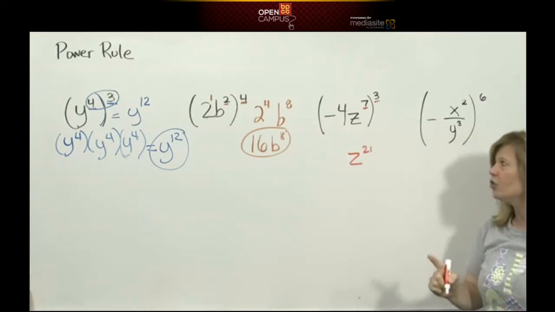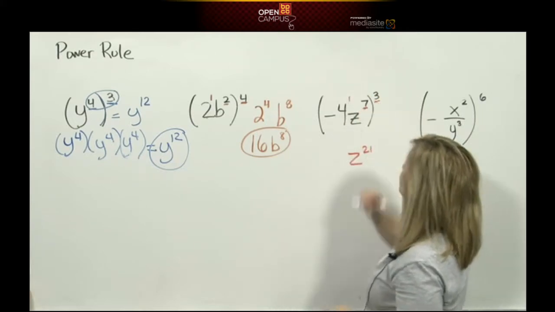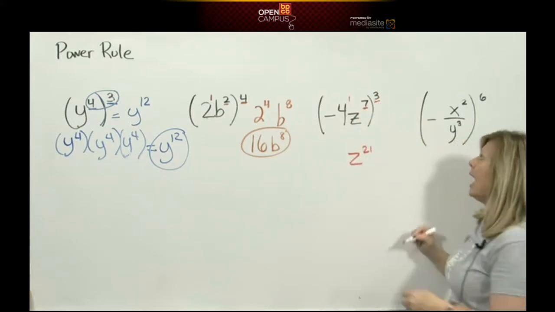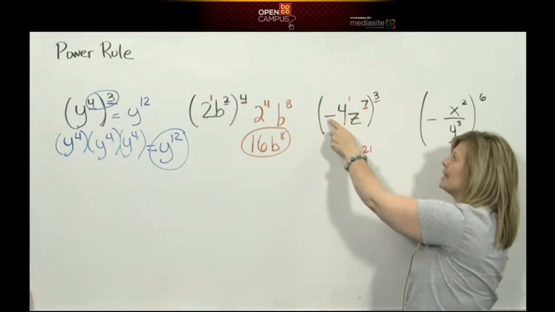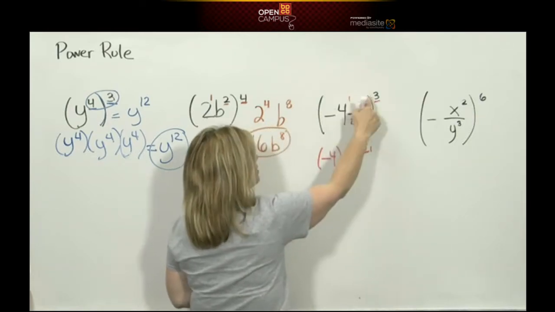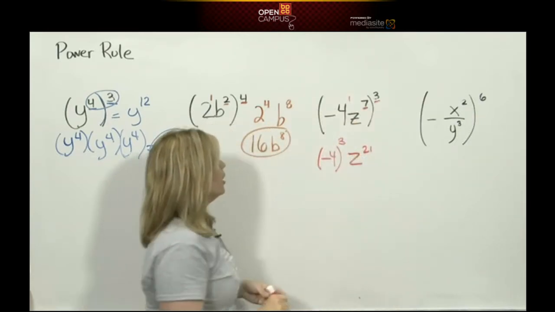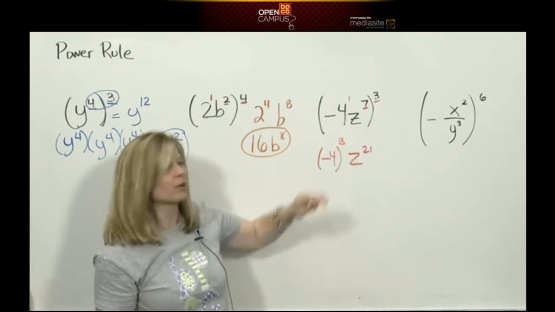What you forget to do is understand this number negative 4 has an exponent of 1. And you have to multiply that exponent to this exponent. So your base is negative 4, and 1 times 3 is 3. So now you got to work that out. What is negative 4 multiplied 3 times?